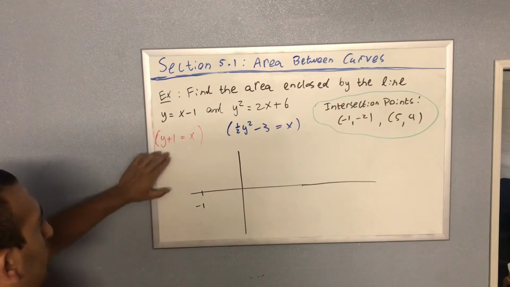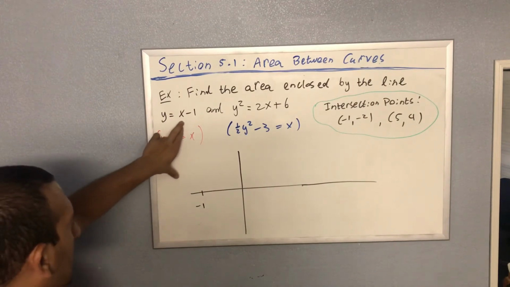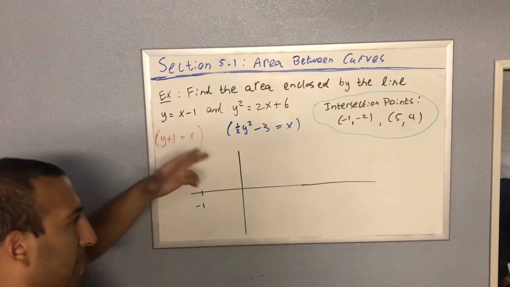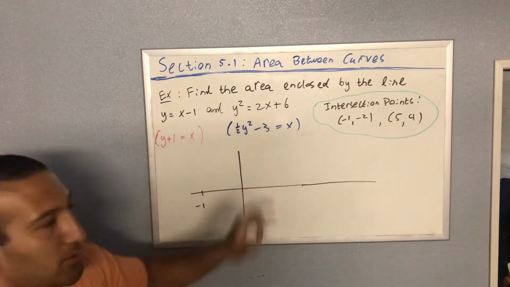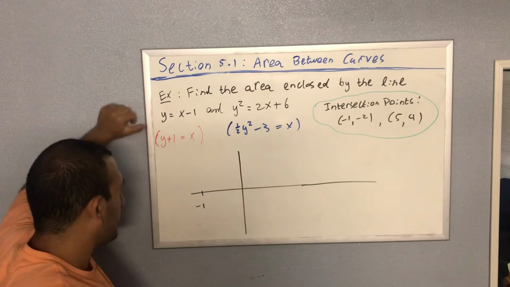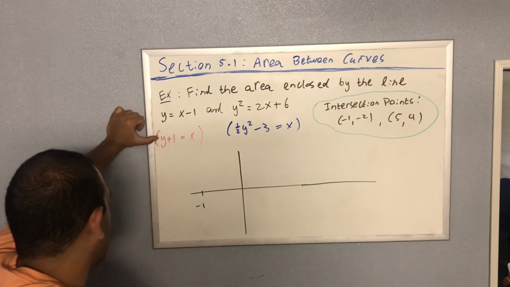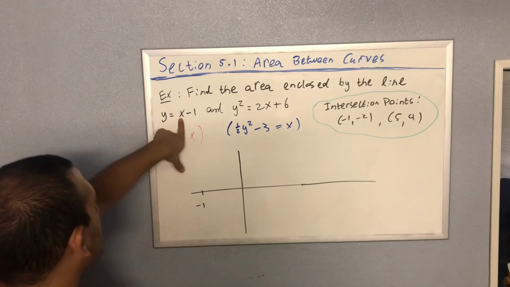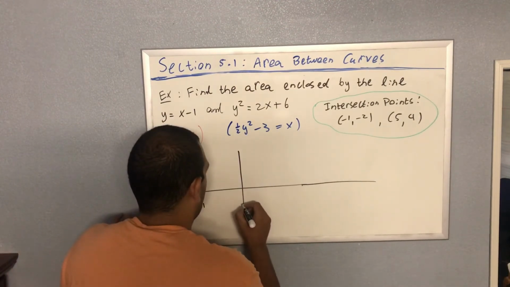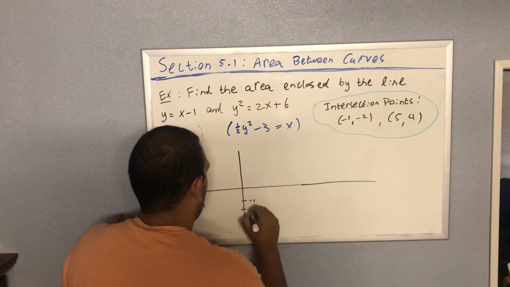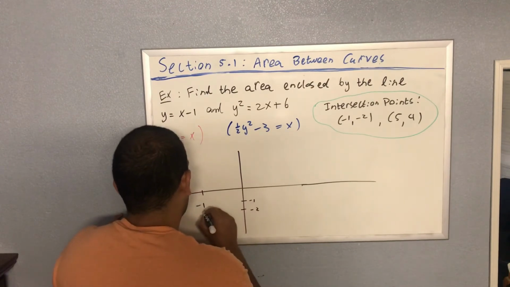Now we can do either function here. These two are very straightforward. The difference between these two is a little larger. But if you stick -1 into this guy, you get -2. So we have a point down here.